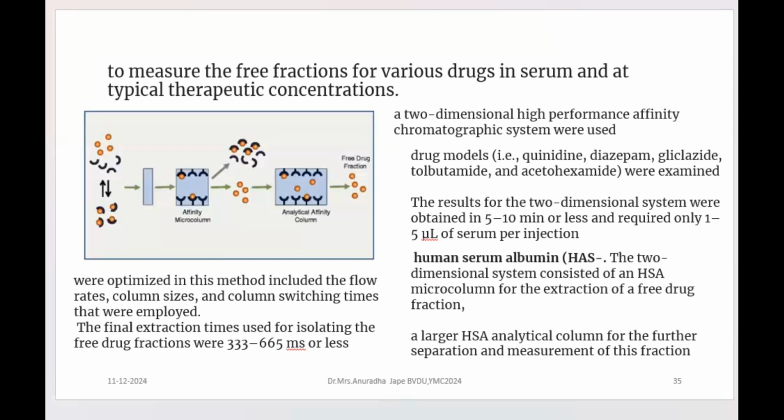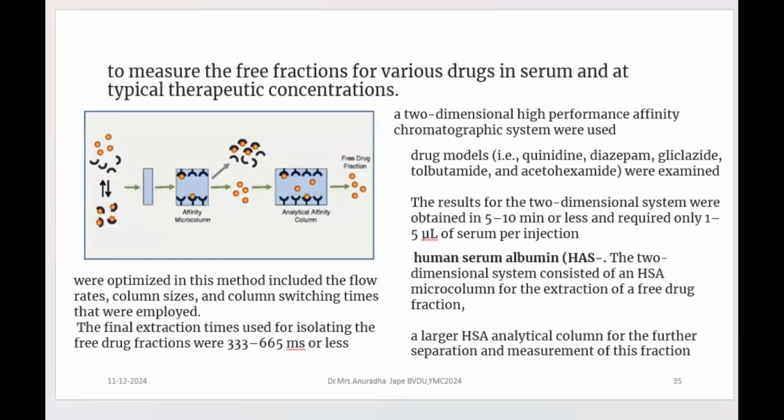So in that case, you are using pre-columns. Here also, you can use a small column which is referred to as a micro column, and this micro column again has a support matrix where human serum albumin is used, and extraction of the free drug fraction you can do.